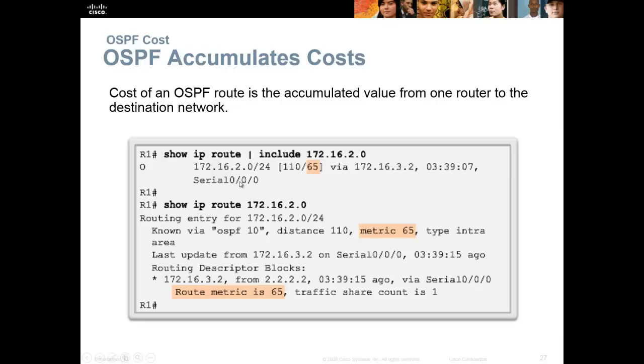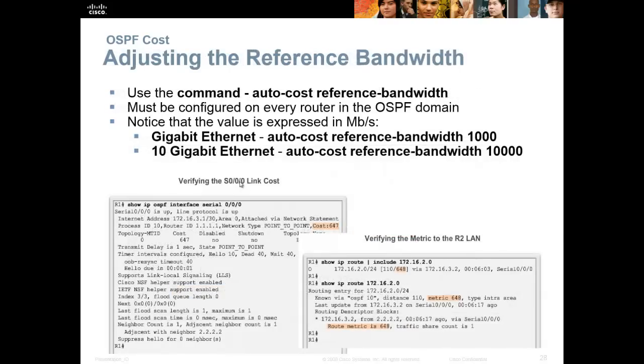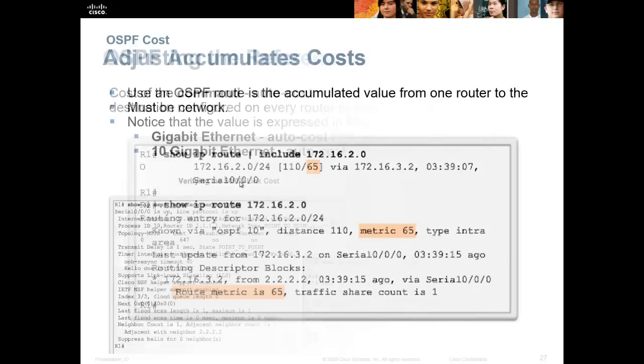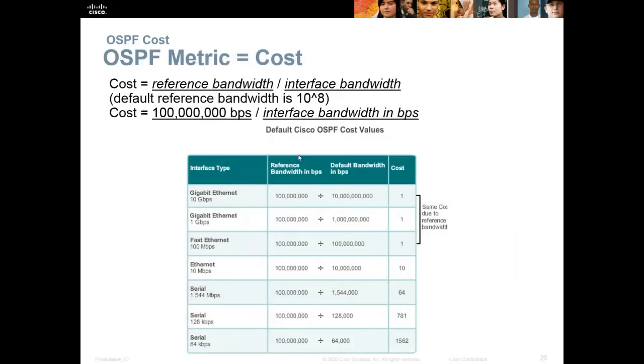All right, so back to the issue with going from 100 megabit to gigabit to 10 gigabit. If you've got those kinds of links in your network, you want to use those links and have them preferred. I'd prefer to use the gigabit over the 100 megabit, so I want to use Cat6 over Cat5, but OSPF sees them the same. Remember, go back another slide, the cost is seen as the same.